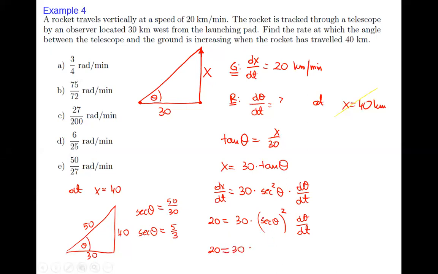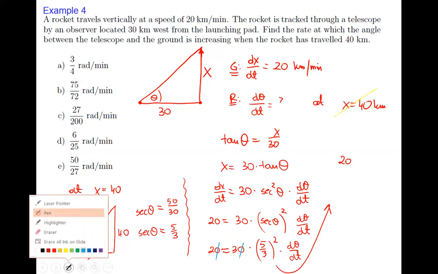That means I can substitute this into my equation. Am I correct? Let me just double check. Yeah, that's correct. That means I will substitute 5 over 3 into my equation. And we can see we do have an additional relation and d theta/dt. Let's simplify a little bit. I can squeeze my equation here. 20, actually I can divide by 10.